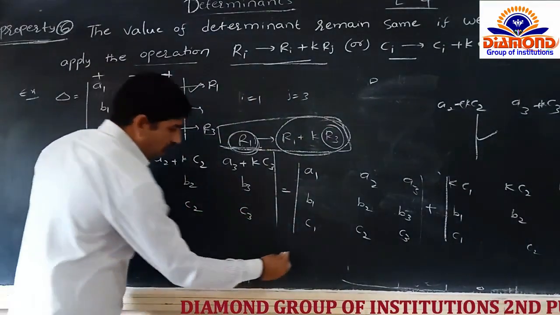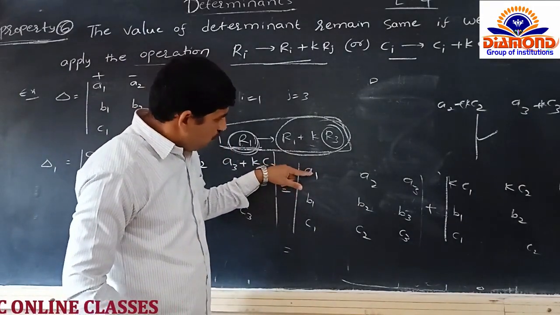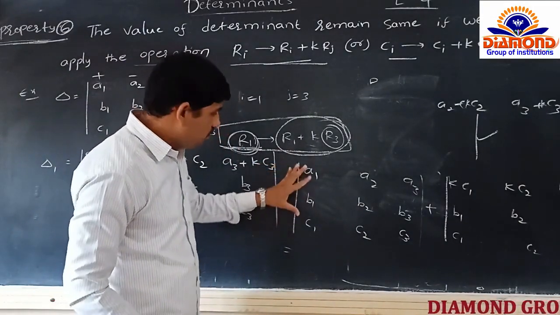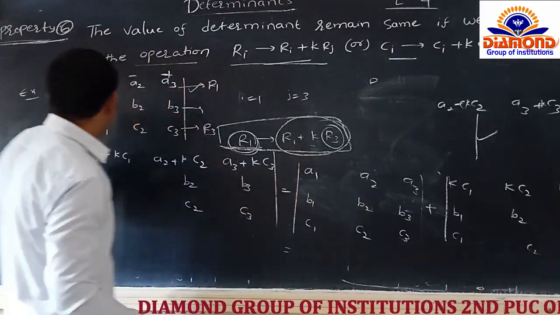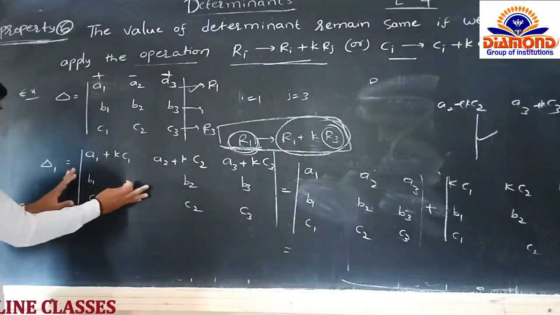After applying property number 5, the first determinant with all three rows is the original delta, and the whole thing is delta 1.